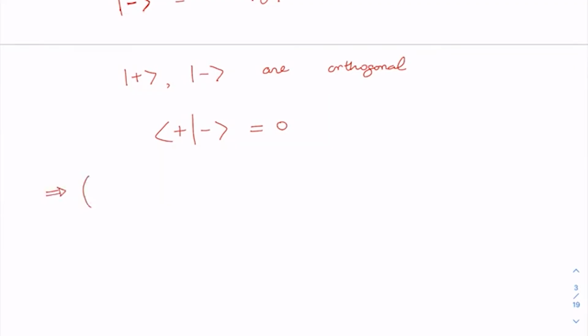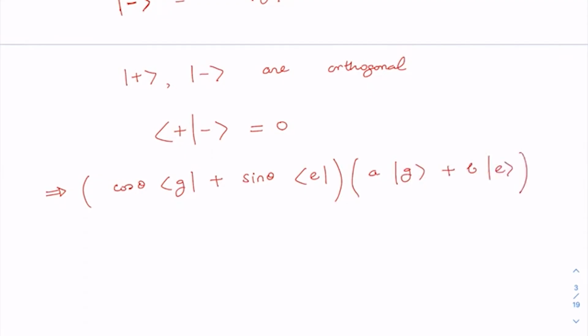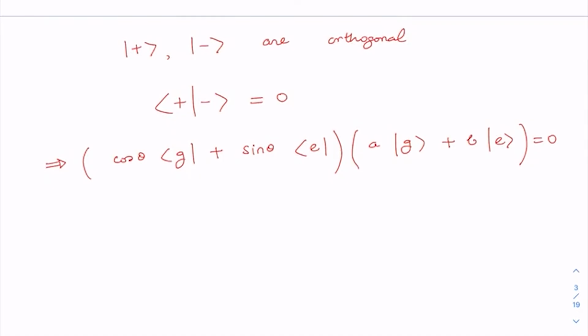Bra + gives us cos θ bra g plus sin θ bra e, and ket − is a linear combination a|g⟩ plus b|e⟩, and this is equal to 0 because |g⟩ and |e⟩ are basis states.